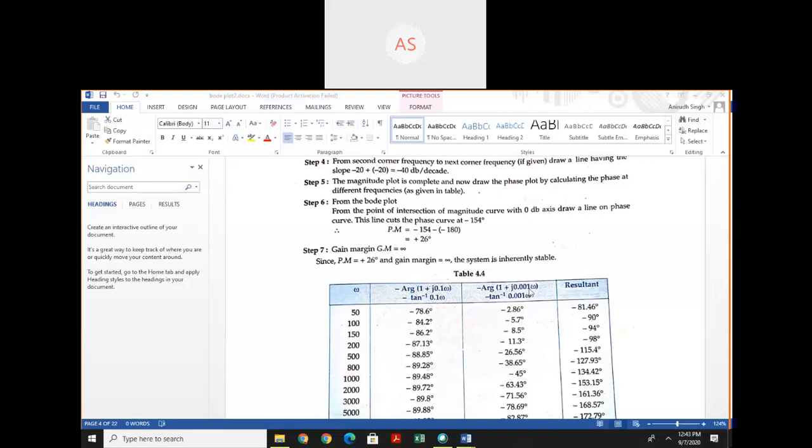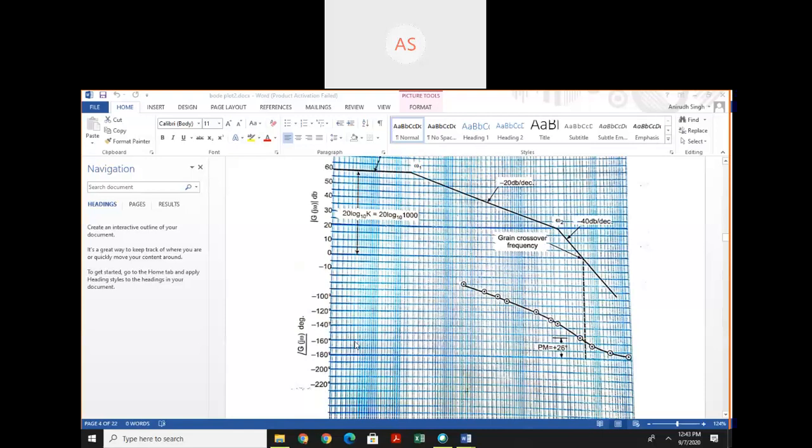Angle of the second pole on the real axis is this, and the resultant angle at omega 50 is given by this. When omega is 100, the resultant angle is this. When 150, the resultant angle is this. And from these readings, we draw a phase plot.